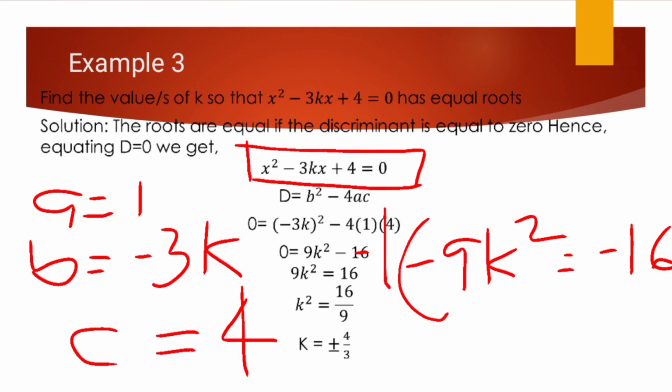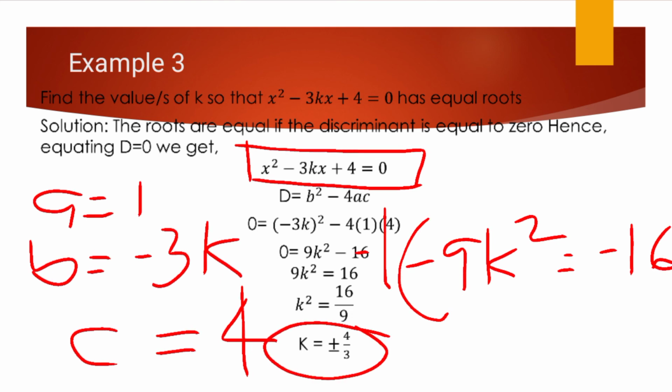So, dividing both sides of the equation by 9, so 9k squared divided by 9 is k squared equals 16 over 9. So, kung naalala nyo yung extracting the square root, yun ang gagamitin natin para ma-solve natin yung value ng k.